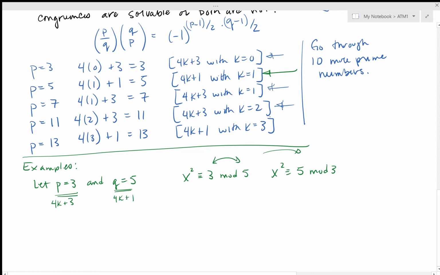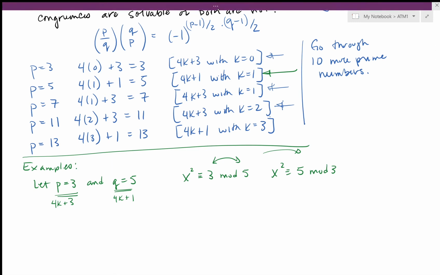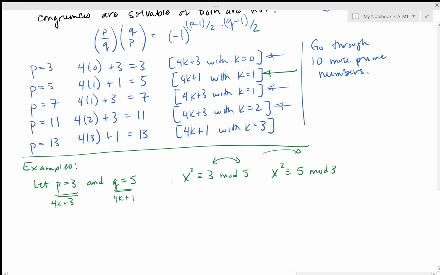Okay, so as soon as I know that, I now know via the law of quadratic reciprocity that of these two equations, there are two possibilities, both solvable or neither solvable. So that's just based on this knowledge right here. I haven't solved either of these congruences, but I know that if I solve one, I'll be able to solve the other, and if I can't solve one, I won't be able to solve the other one.